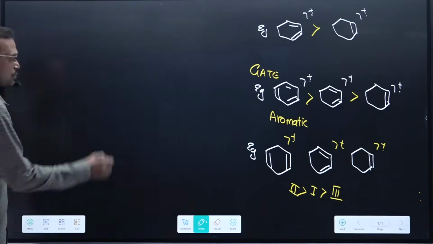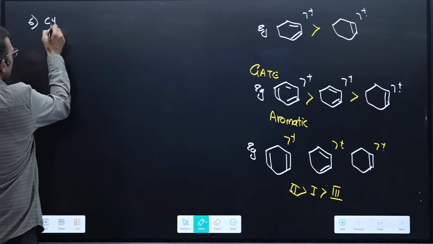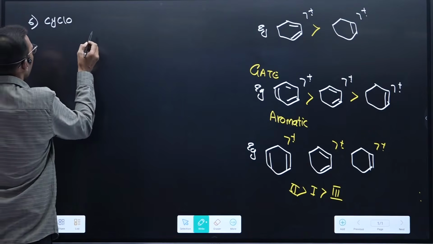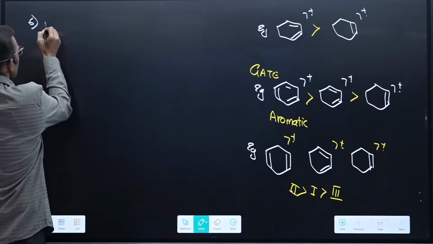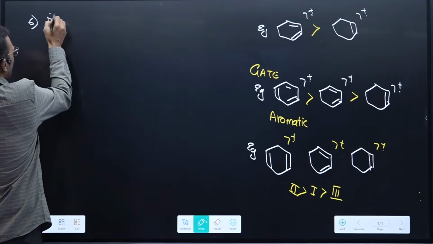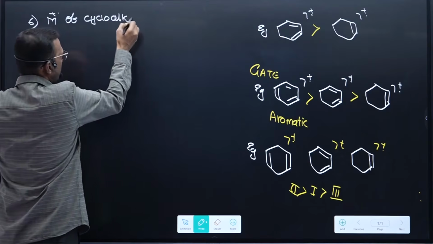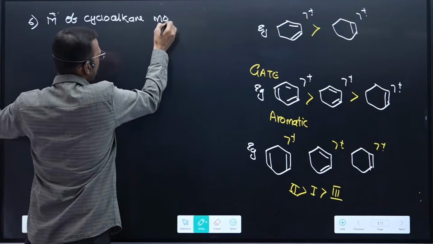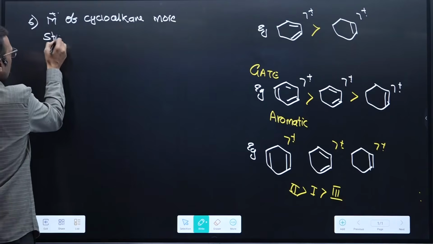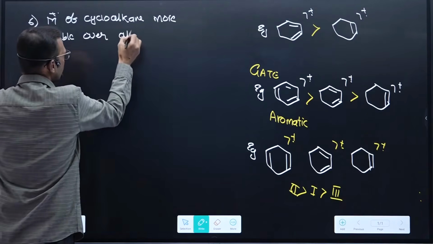Clear? So finally, this is your last application. If I take a molecular ion of a cycloalkane, it is more stable over an alkane.